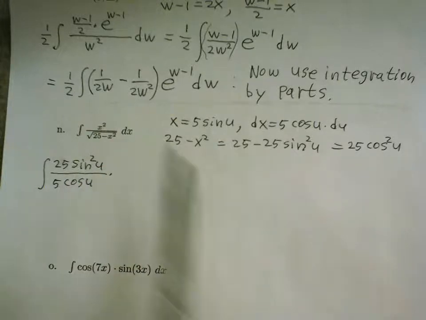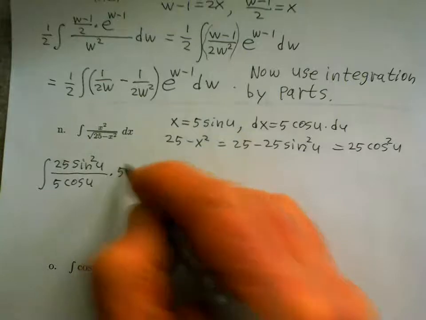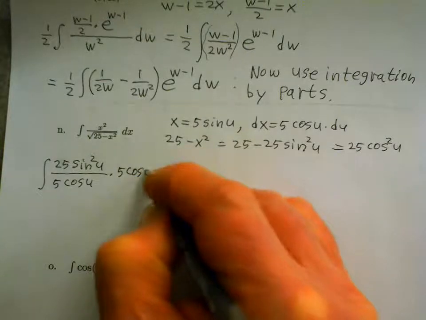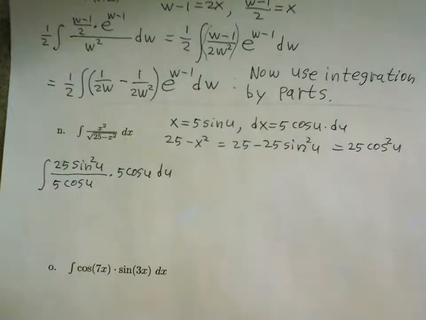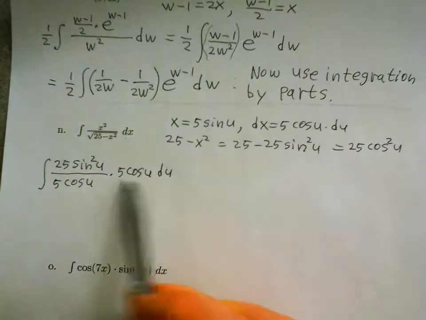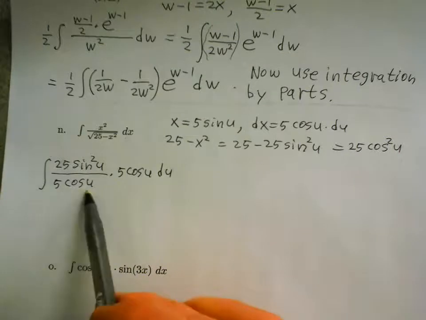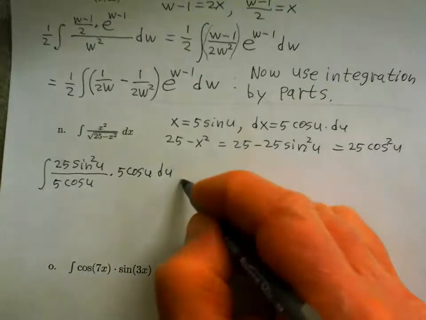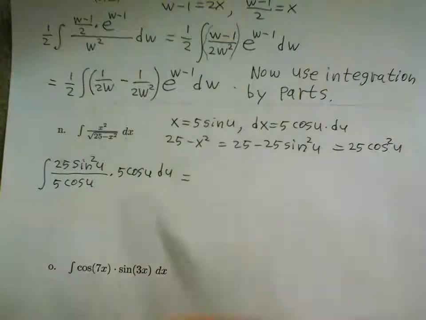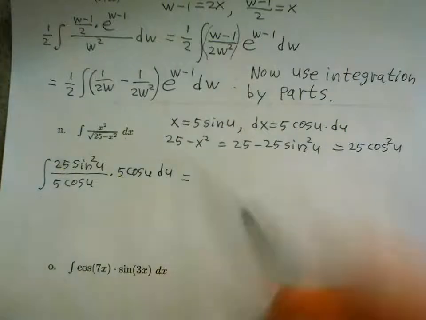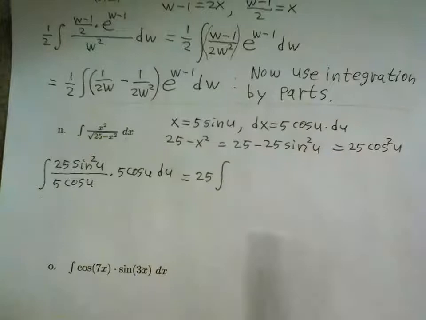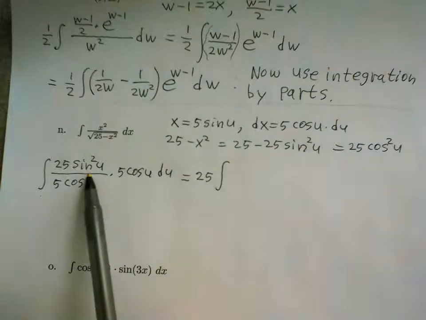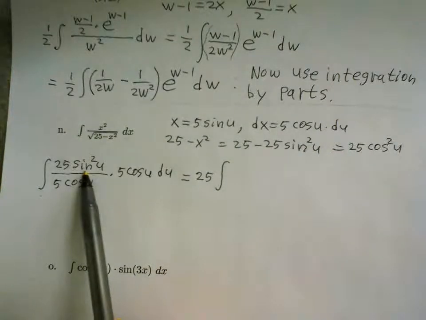And then never forget dx. dx is 5 times cosine of u du. Okay, the 5 times cosine of u divided by 5 times cosine of u cancels, or equals 1. And then we have a constant of 25 multiplied by the indefinite integral of sine of u squared.